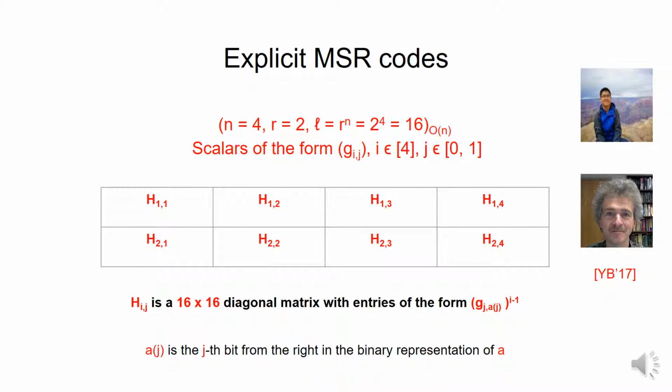But what is a_j? This a_j is the interesting quantity here. What you do is the binary representation of a. It's a diagonal matrix, and a is the only parameter that I'm moving, right? So j is fixed. So a goes from 1 to 16, and so you can assume that it goes from 0 to 15. And this a_j is the j-th bit from the left of the binary representation of it. And that's all that I'm going to write.